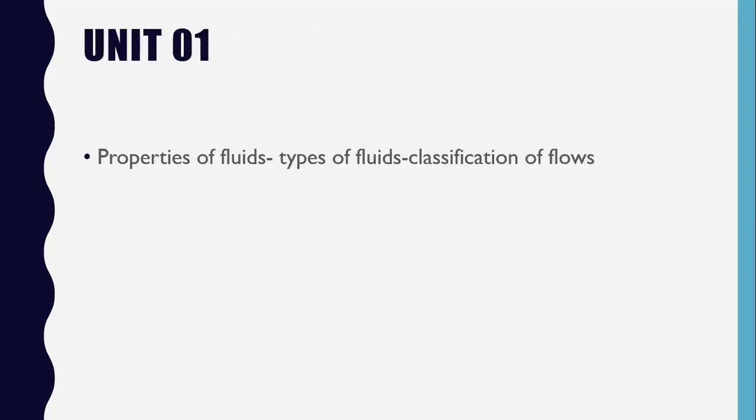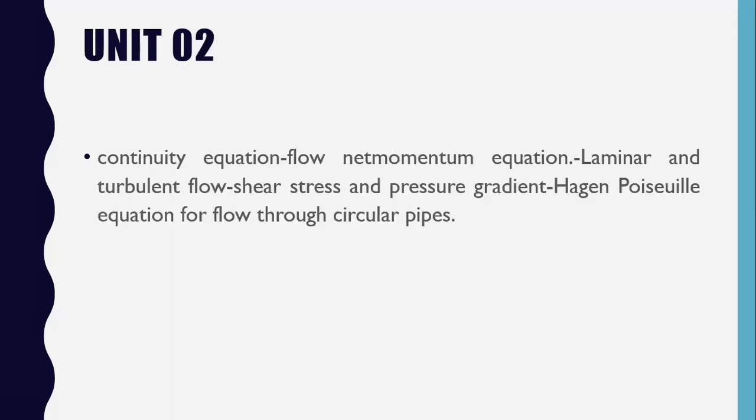I have divided your course syllabus into 6 units. The first unit is properties of fluids, types of fluids, and classification of flows. Unit 2 is continuity equation, flow net, momentum equation, laminar and turbulent flow, shear stress and pressure gradient, Hagen-Poiseuille equation for flow through circular pipes.